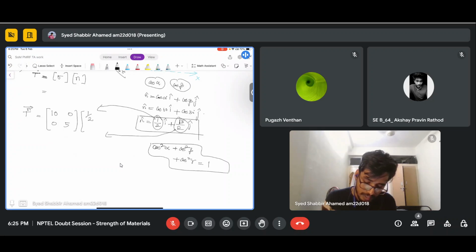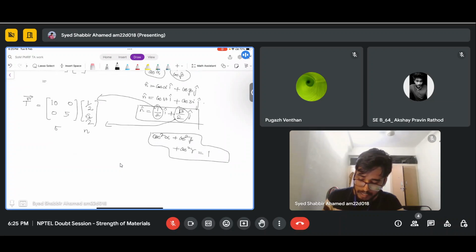If I write it like a matrix, a matrix with one row or one column can be called a vector. So I can write it like this: 1 by 2 and root 3 by 2. This is the normal and this is the stress tensor. If I multiply these, the stress tensor is a 2 by 2 matrix, and this is a 2 by 1 matrix.